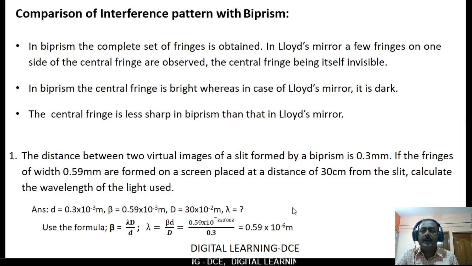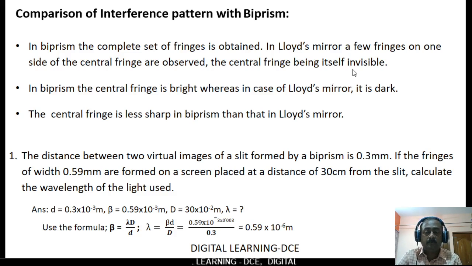Let us see the comparison of the interference pattern with the biprism. Here in the case of biprism, the complete set of fringes is obtained. But in the case of Lloyd's mirror, very few fringes on one side of the central fringe are observed, the central fringe being itself invisible.